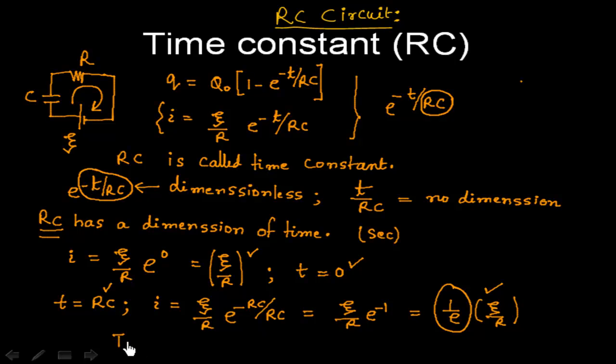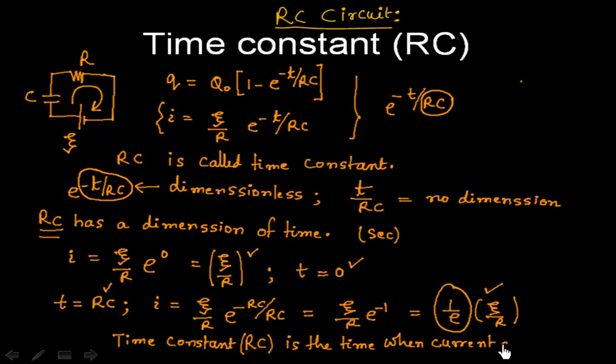So I can say the time constant RC is the time when current decreases by a factor of e.